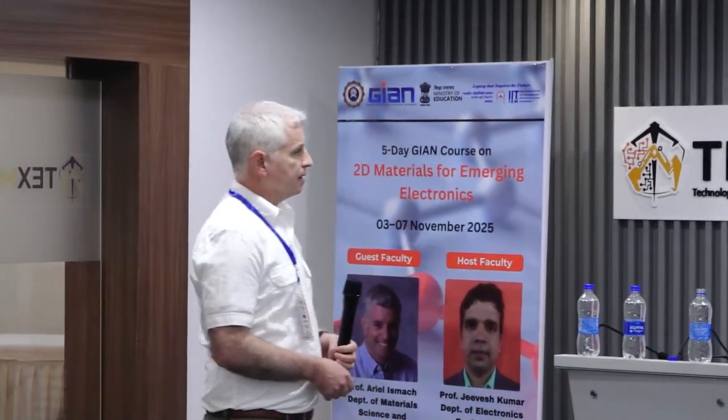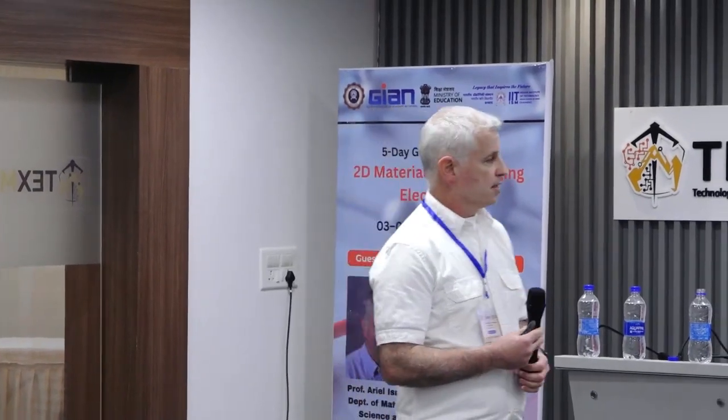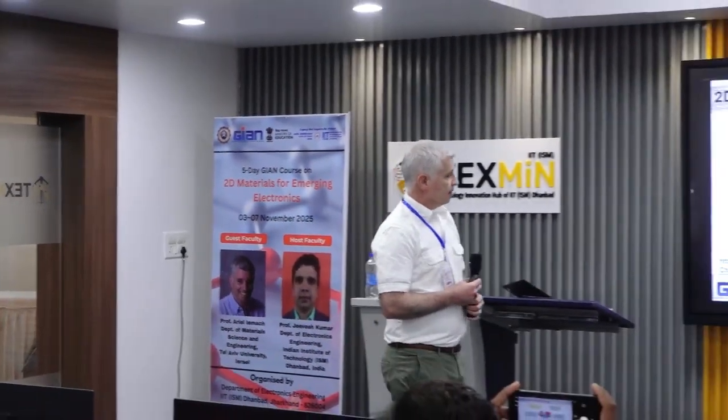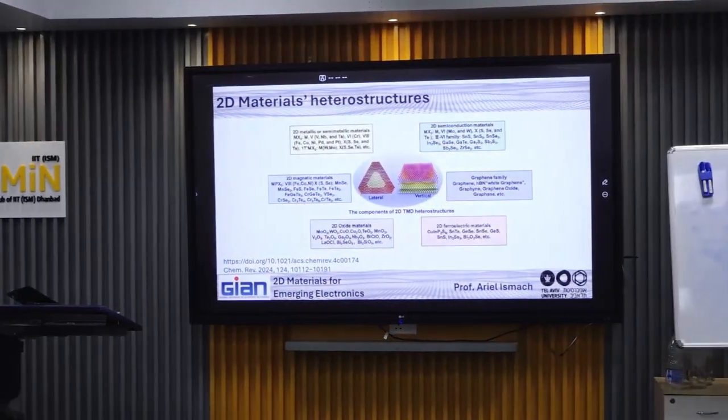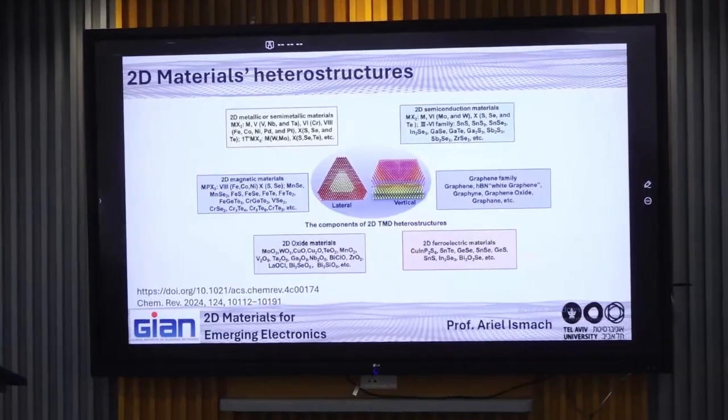So in terms of materials, of course, we talked about that. You have semi-metals, magnetic materials, oxide materials, most of them wide bandgap semiconductors, though now some of them are lower.